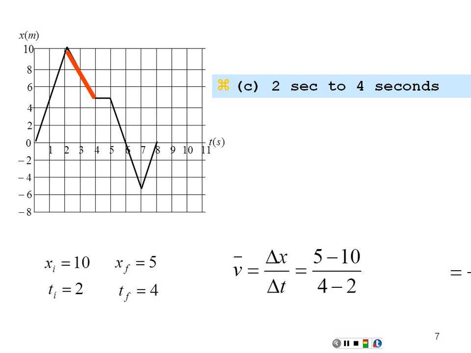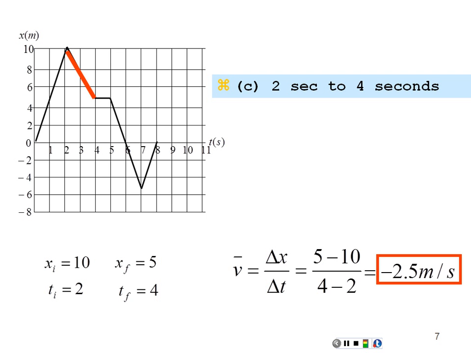So I'm going to get a negative 5 divided by 2, or a negative 2.5 meters per second. My velocity in going from 2 seconds to 4 seconds is a negative 2.5 meters per second. And hence, I was going from position 10 down to position 5. I was going in a negative direction, hence I had a negative velocity.